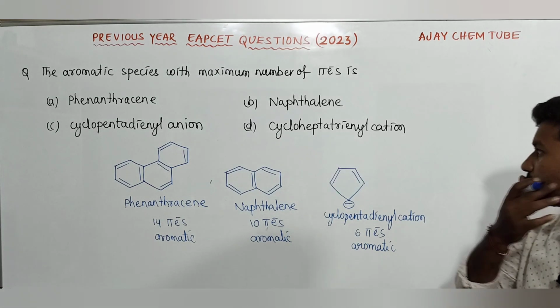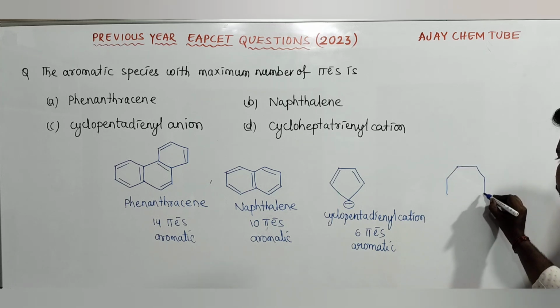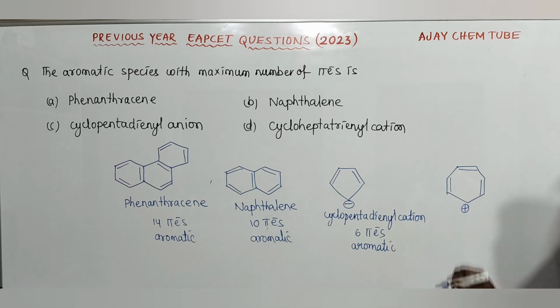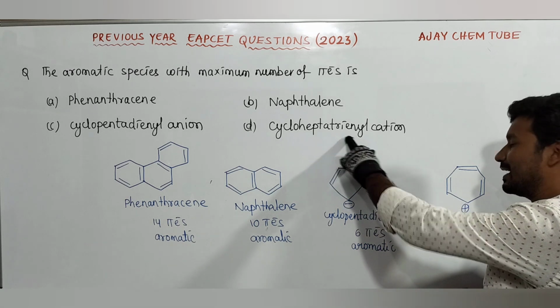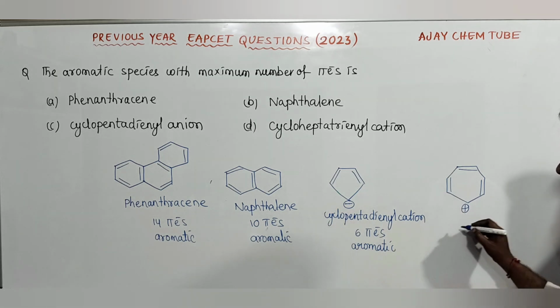And when you come to cyclohepta, hepta means 7 carbon atoms. Cyclohepta, 3 double bonds, trienyl cation, positive charge.